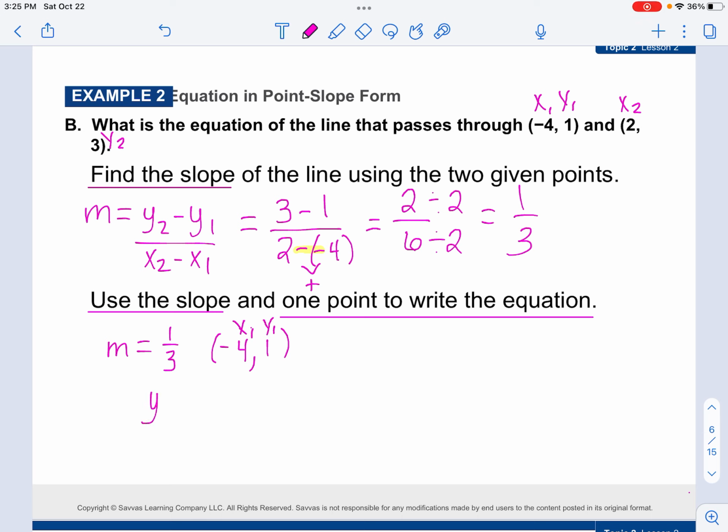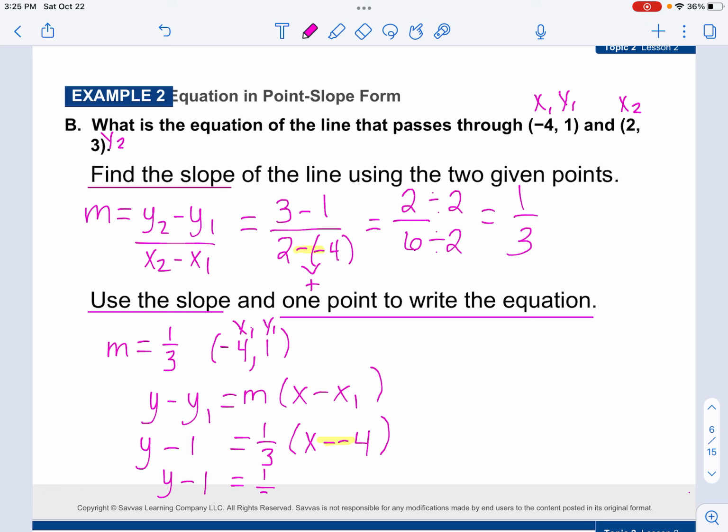So in the equation, y minus y1 equals m times x minus x1, y minus 1 is going to equal 1/3 x minus -4. We see two negatives next to each other, which is going to form a positive, and y minus 1 is going to equal 1/3 x plus 4.